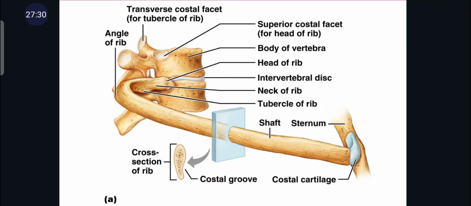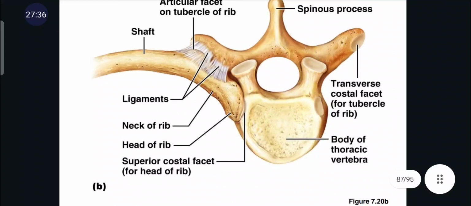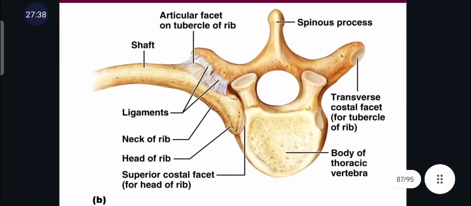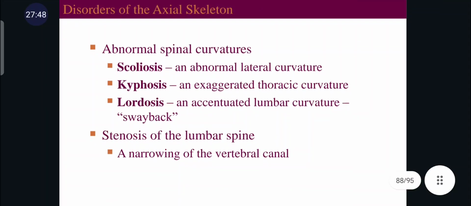In the anterior region it has costal cartilages which attach to the sternum. So here is the structure and the articulation of the rib with the thoracic vertebrae. These are the structures associated with the axial skeleton.